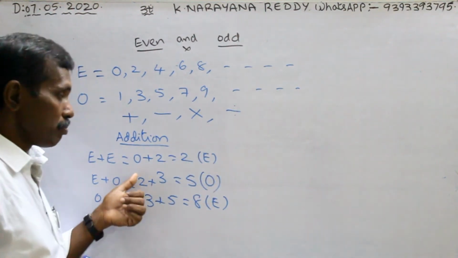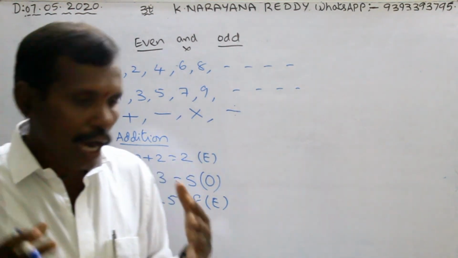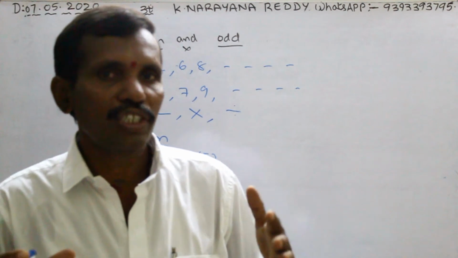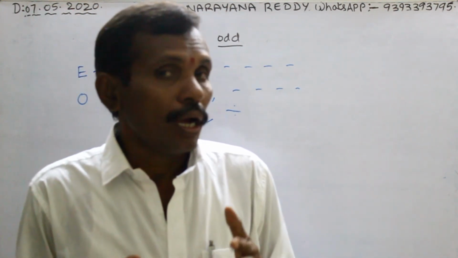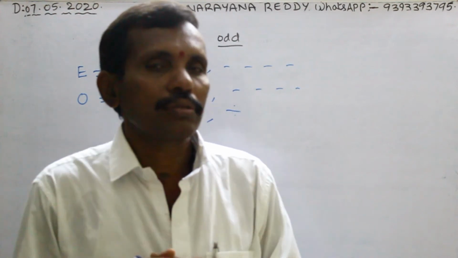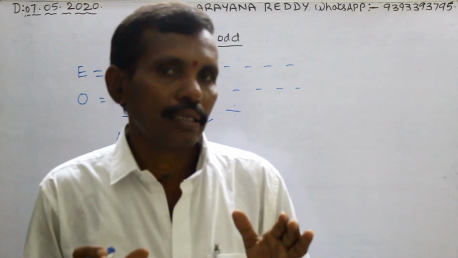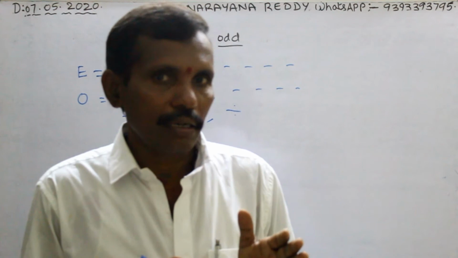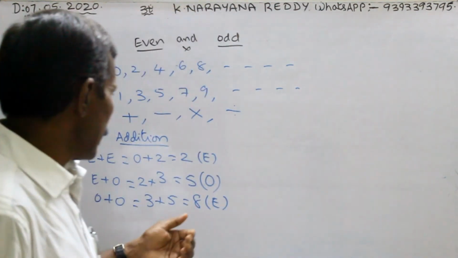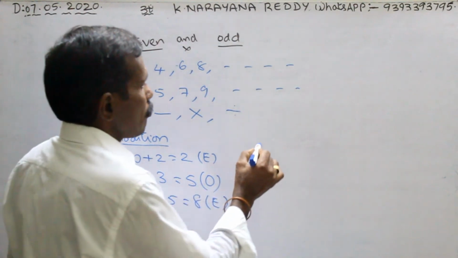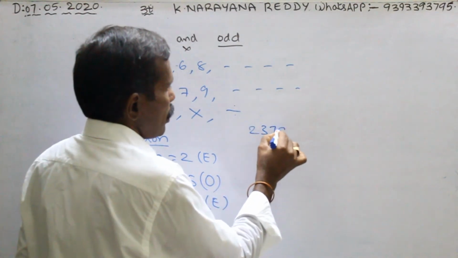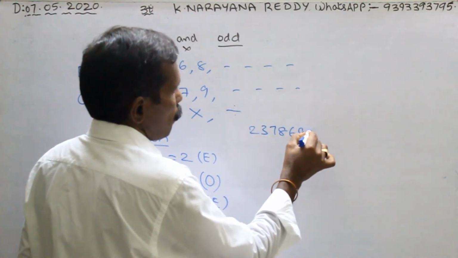These are simple digits, but when we have large numbers in crores, millions, or thousands, at that time we want to follow some rules in mathematics. So whenever we are adding odd and odd, we get even. Suppose we have 2, 3, 7, 8, 9, 4.